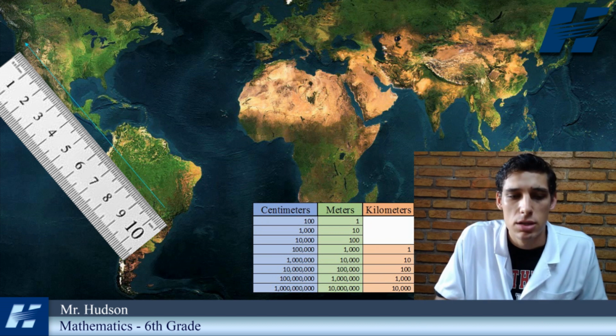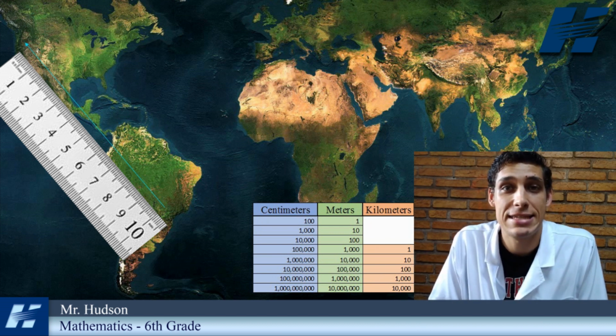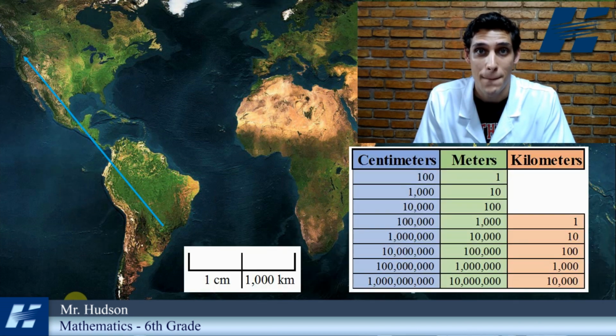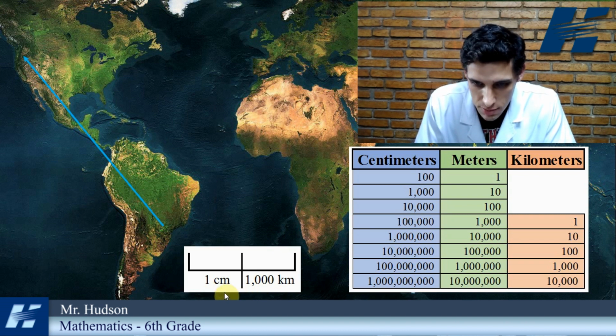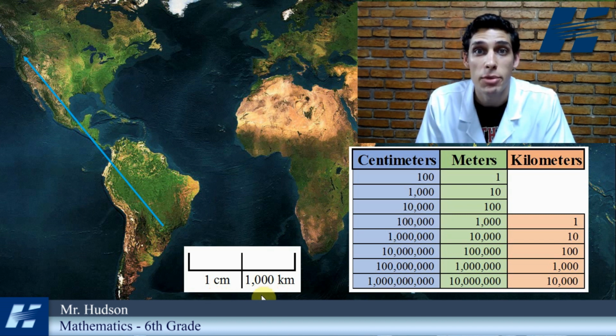Okay? So what we're doing here, guys, is we're creating a scale. This is a scale. This is telling you that in every centimeter in the map, you will have 1,000 kilometers in the real world, right?